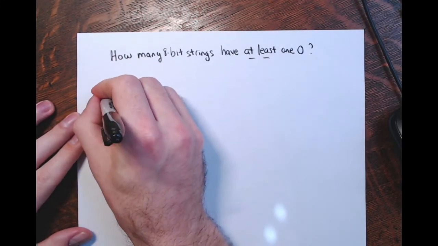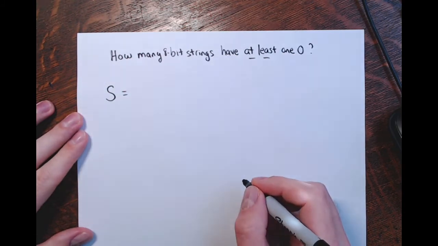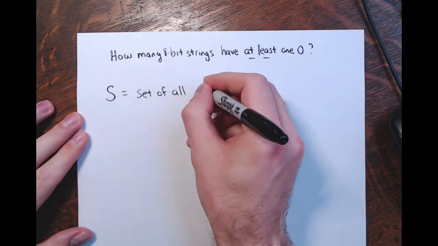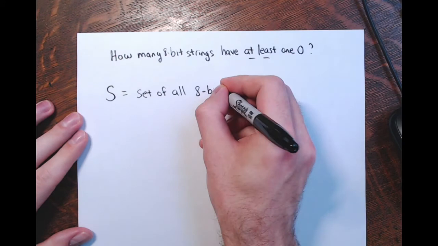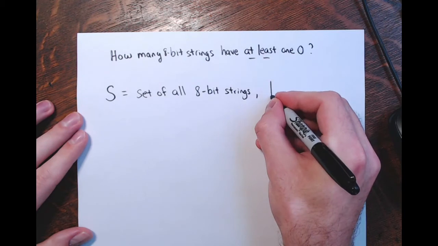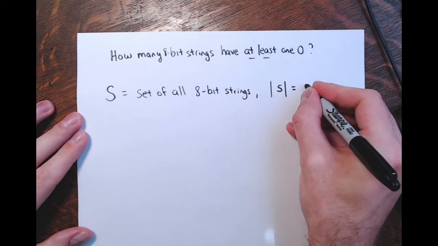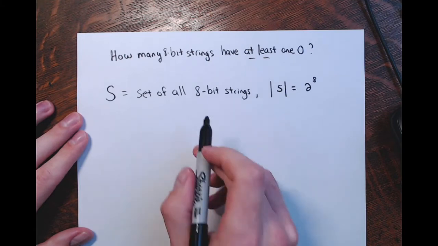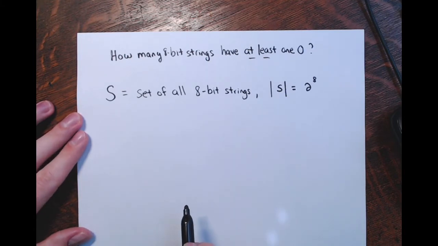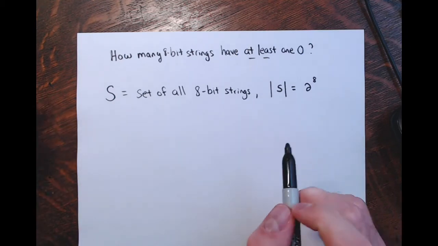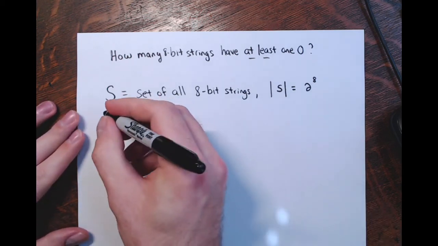Let's say S, using the same letters that they were using earlier, is the set of all 8-bit strings. The cardinality of S is 2 to the 8th, because there are 8 bits and each one of them can be either 0 or 1. So the total number of 8-bit strings, the universal set, has a size of 2 to the 8th.